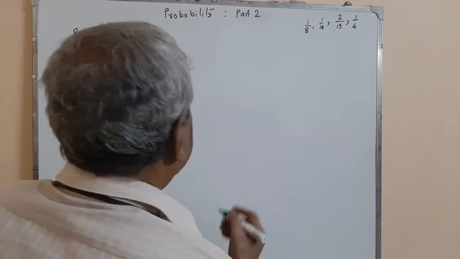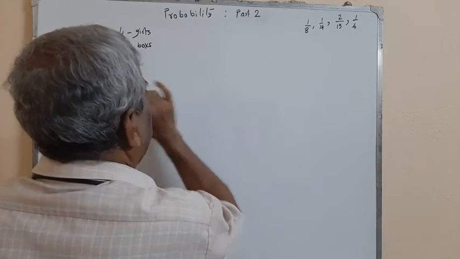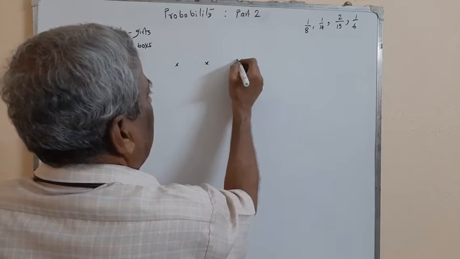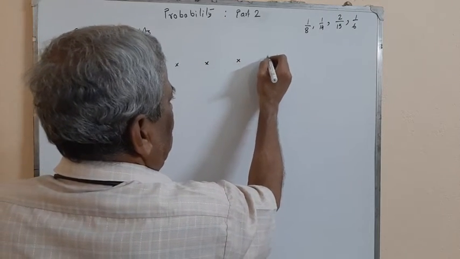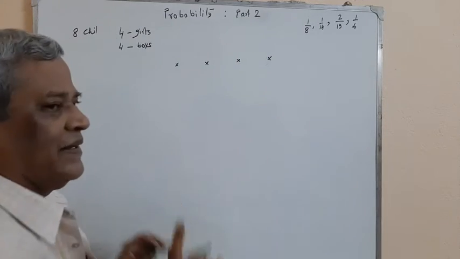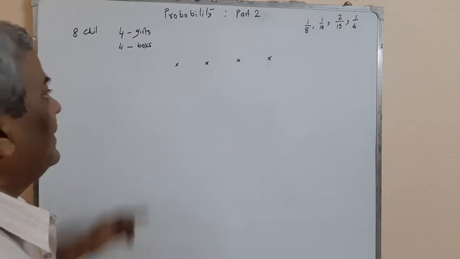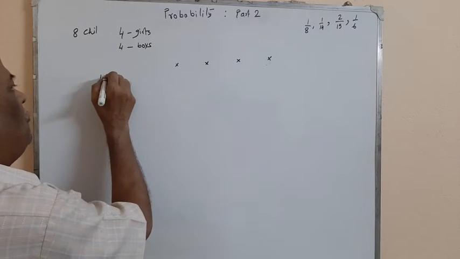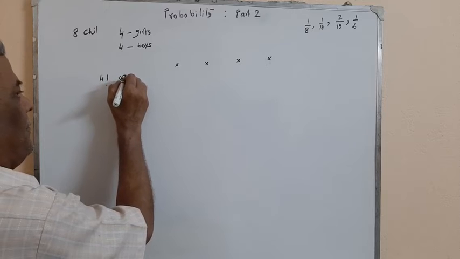So for that purpose, there are 8 seats. Suppose this is a boy, another boy, four boys. They take their seats at random. This can be done in factorial 4 ways.